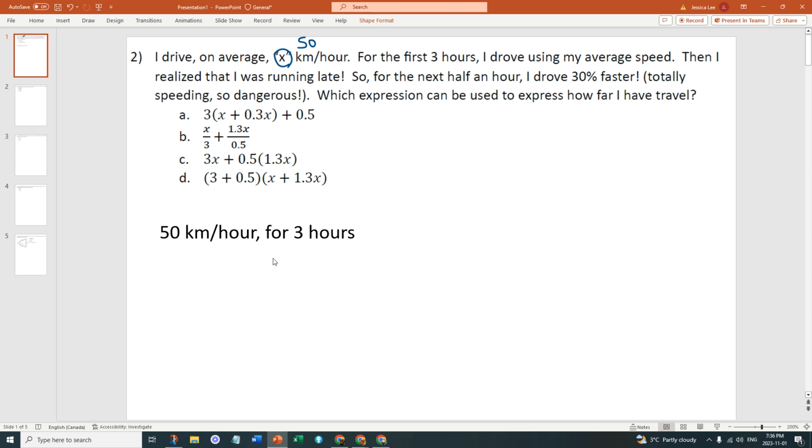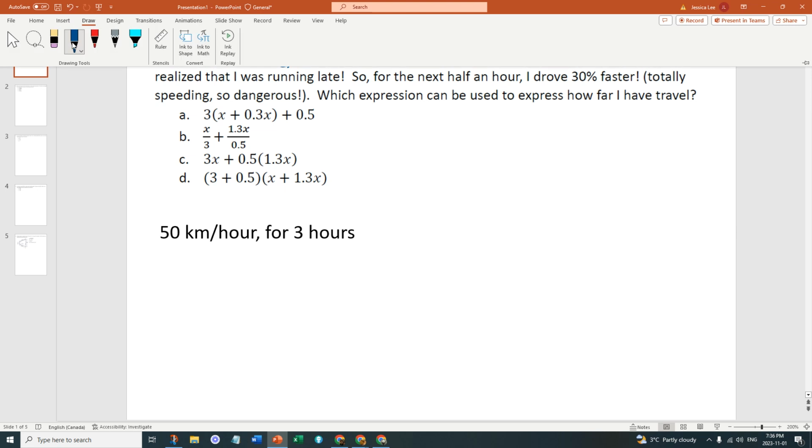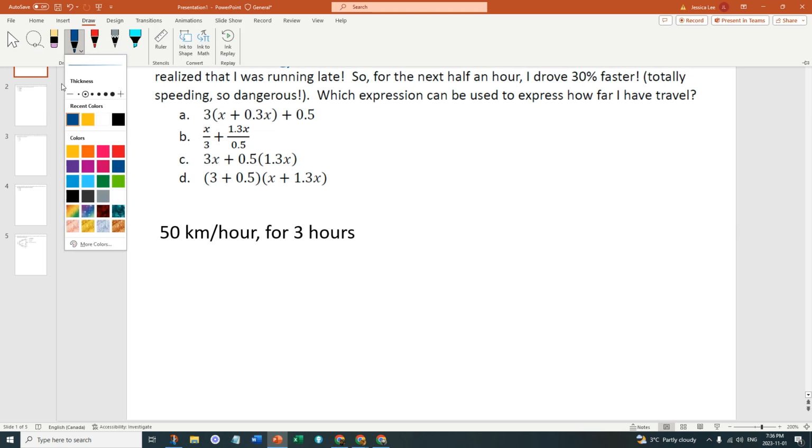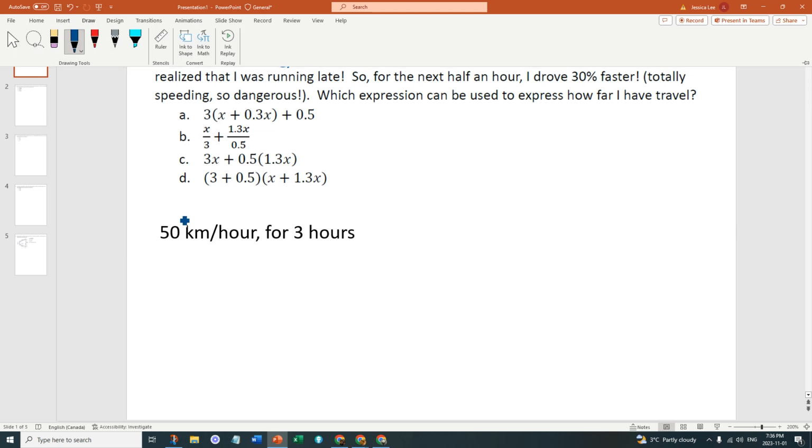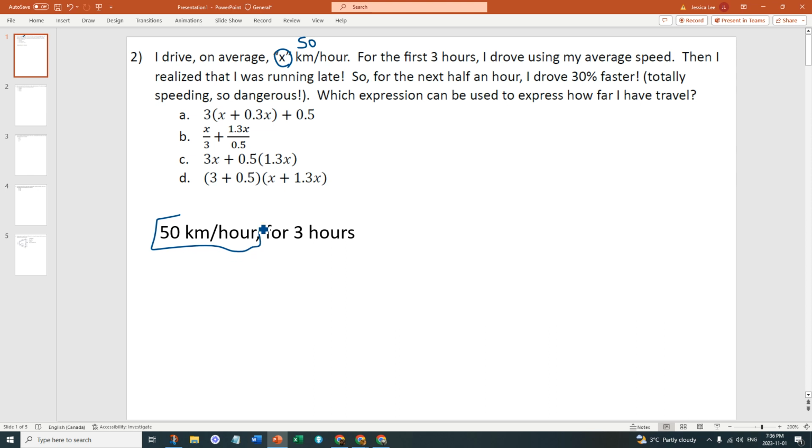So how do I find out how far I have driven from those 3 hours? The speed is 50 kilometers for 1 hour.